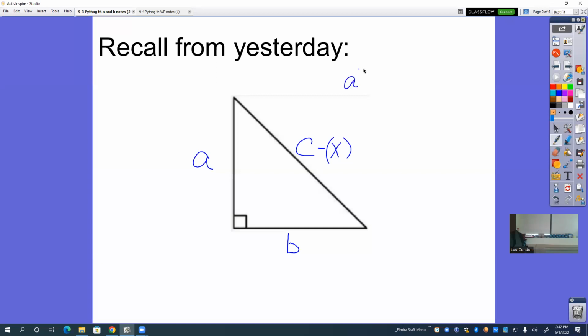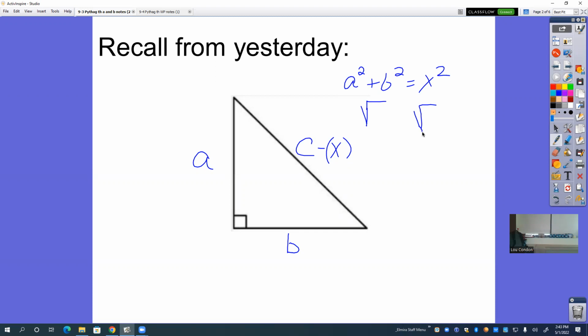It was A squared plus B squared equals X squared. And then once we had our number, we took the square root of both sides, and that eventually gave us our answer.